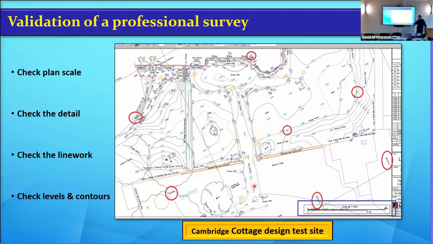But I thought I'd contour it all anyway. So it looks a bit wiggly across there because the modelling software is looking at the levels on the grass, then the levels at the edge of the concrete or tarmac, and then the levels that I've taken round the edges. And remember, some of them are threshold, some of them are in flower bed. So the model is looking at that to create these contours.